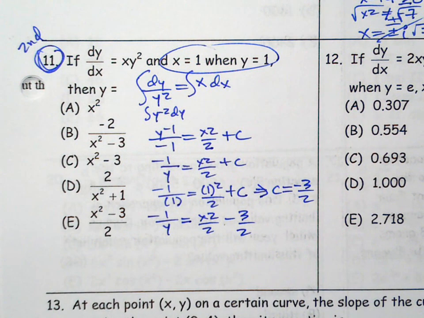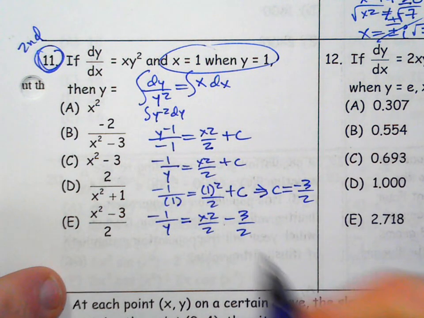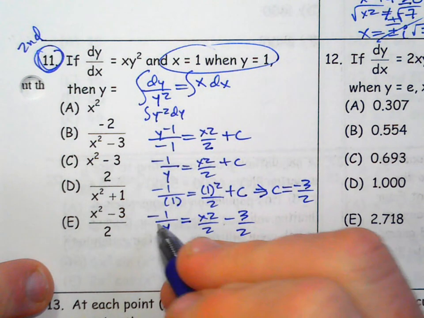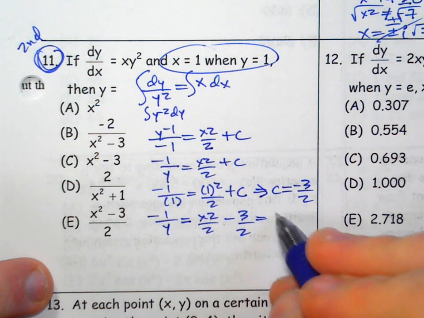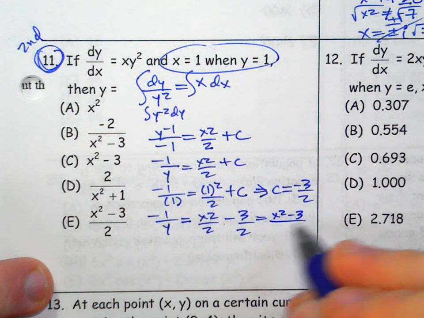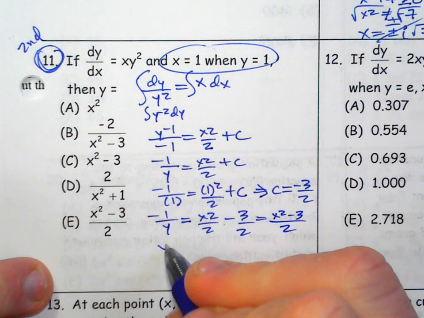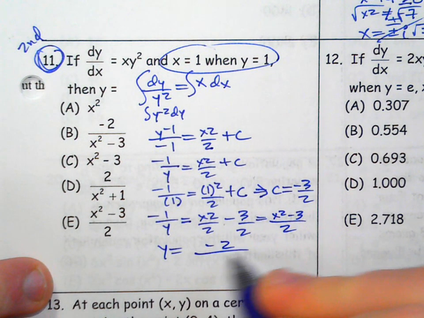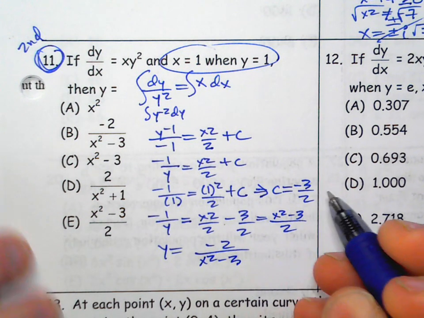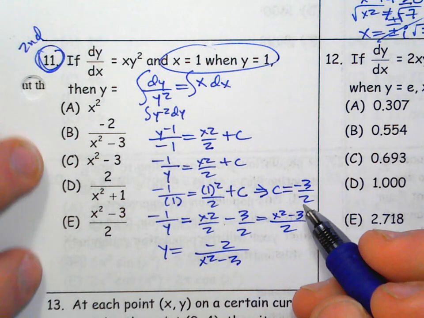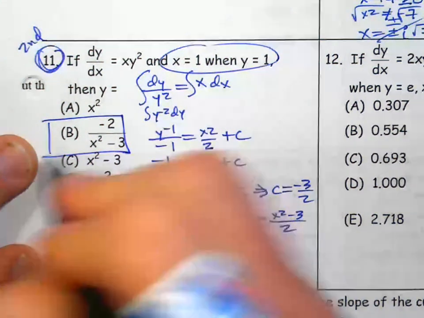Now, some people like that trick where you flip both sides when they're fractions, but you can't just flip. It's got to be single fraction equals single fraction. So you have to combine these as a single fraction before you flip both sides. And then I got rid of the negative by multiplying through by negative. So I think we're looking for y equals negative 2 over x squared minus 3.